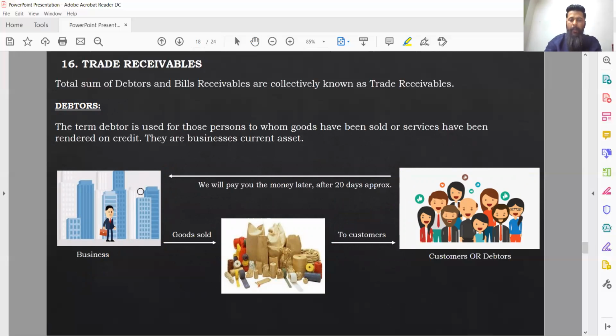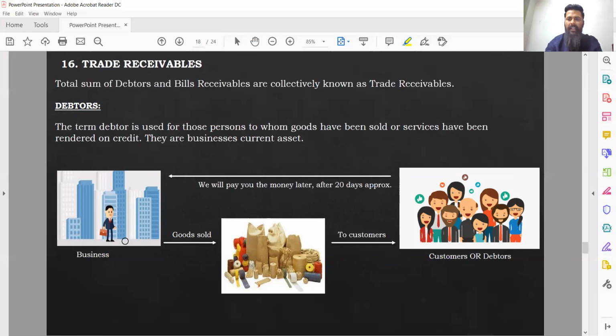But obviously, a business won't be selling goods on credit to each and every newcomer or new customer in the market. A business would be selling goods on credit only to those customers who are known to the business, who are regular customers of the business, or those customers who have goodwill in the market. We have already discussed in our previous video the meaning of goodwill.